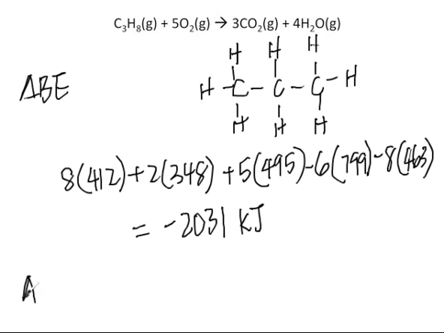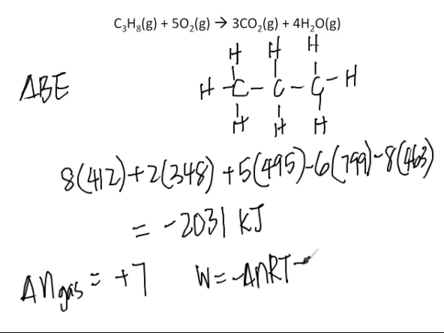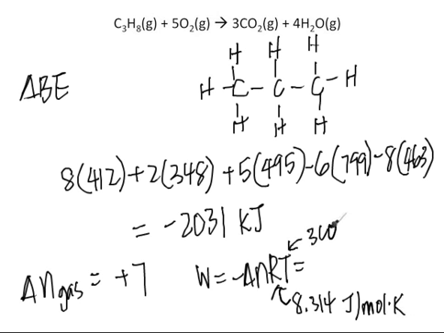Okay, let's calculate the work. So delta N, we said earlier, goes from 6 moles to 7 moles, so plus 1. And if we do the math, and we do minus delta N RT, with R being 8.314 joules per mole Kelvin, and we do this as 300, we round it, then we will get an answer of around minus 2.5 kilojoules, so minus 2,500 joules.